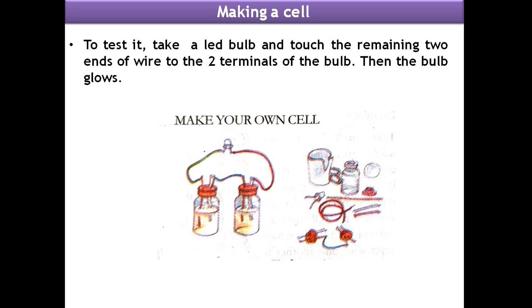Everything else is the same, like the zinc strip, copper wire, connecting wires and LED bulb, and the process is also the same, but instead of sulfuric acid we use a lemon, potato or tomato.